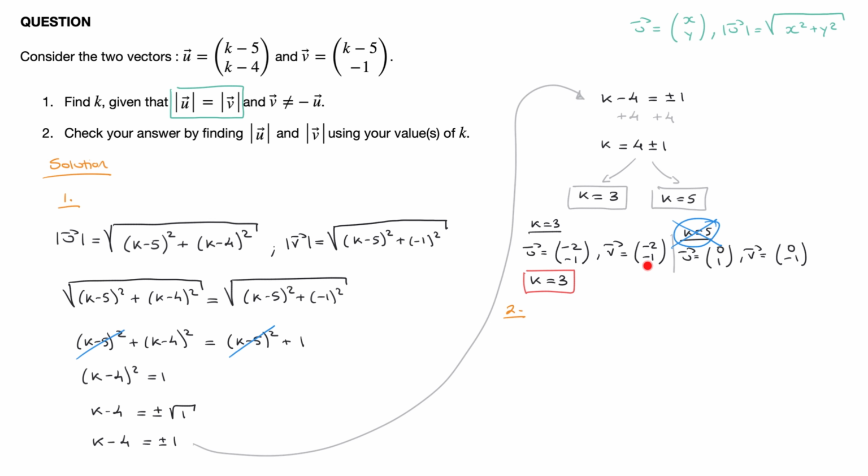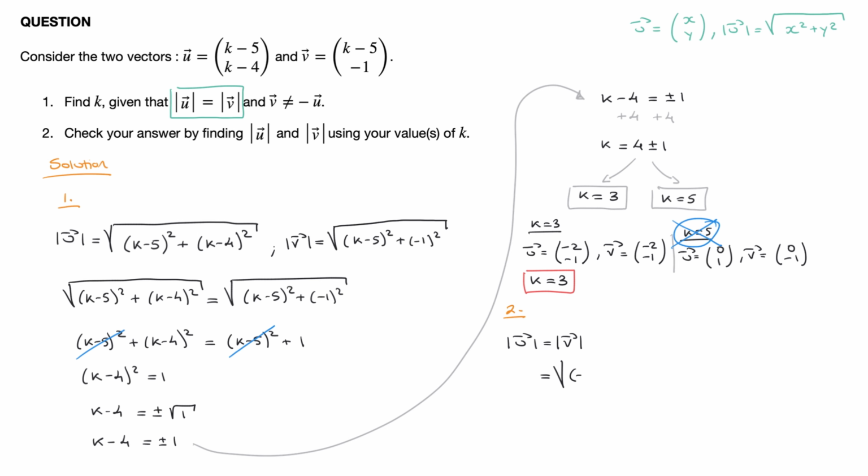And so using these components, which again are equal, as well as the formula for the magnitude of a vector, which I've reminded us of here, we can go ahead and state that the magnitude of u is equal to the magnitude of v. Indeed, we can state that clearly here because the two vectors are equal, and that's equal to the square root of the sum of the squares of the components.